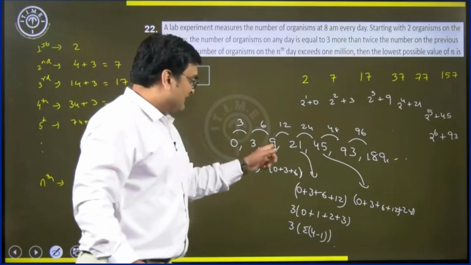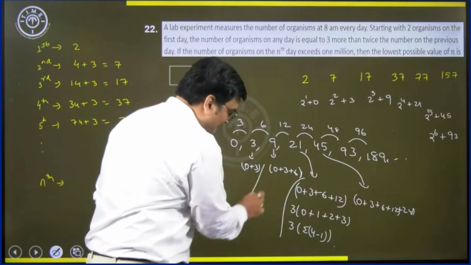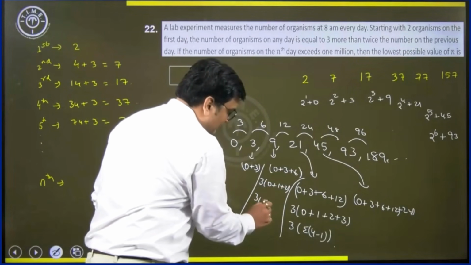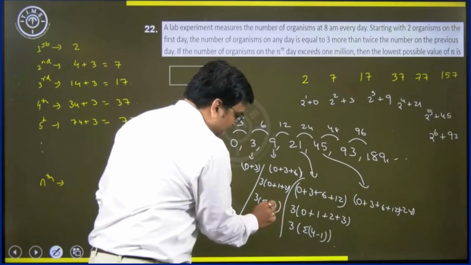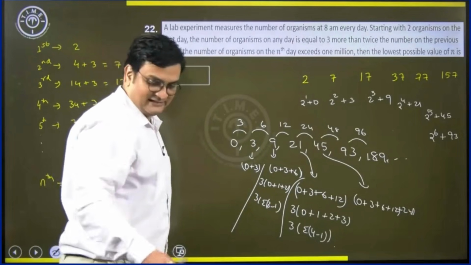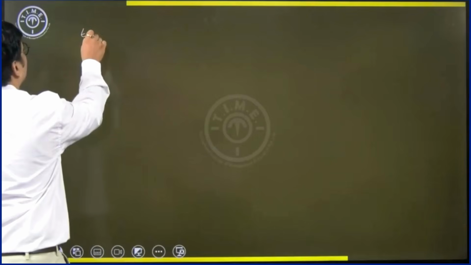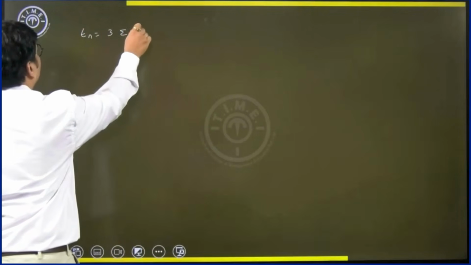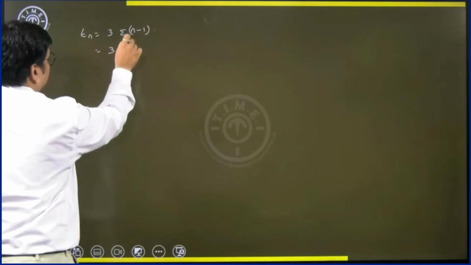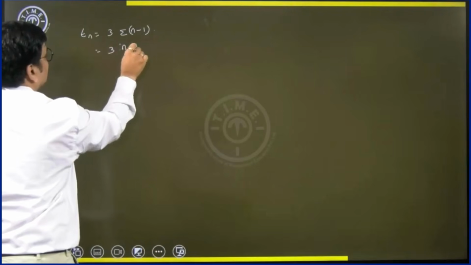If I want the second term, how do I do that? You can again think of it as, if you take 3 common, 3 into 0 plus 1 plus 2, so 3 into sigma 3 minus 1. Thus can I say the nth term for these extra terms will be 3 into sigma n minus 1. What will that be? 3 into sigma of n minus 1 is n minus 1 into n by 2.